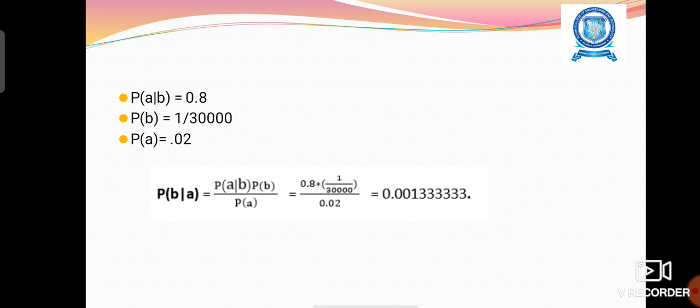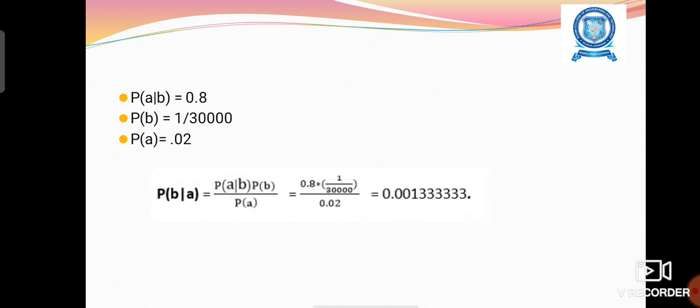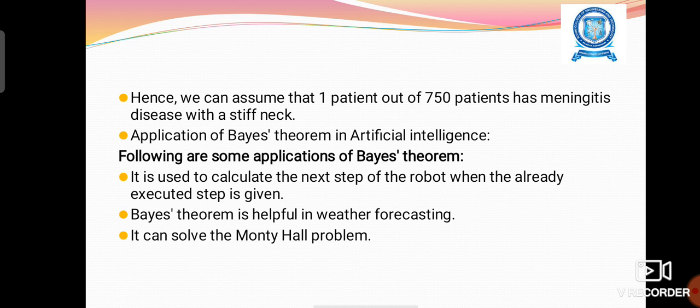P(B) is 1 out of 30,000 patients. P(A) is equal to 0.02. By applying these in the conditional probability formula, we get a value, and when we take the proportion of that value, we get 1 by 750. That is, one patient out of 750 patients with a stiff neck has meningitis.